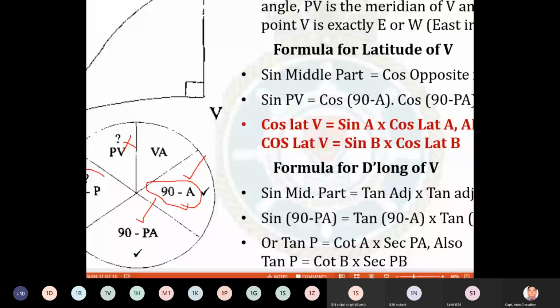Okay, so basically, you have to make a Napier diagram, then see what values are known to you and what values need to be calculated. All you have to calculate is this PV, because obviously we need the latitude of V, and also we need this angle, so that we know the D long, and then accordingly we can calculate the longitude of V. Is that clear to everybody?